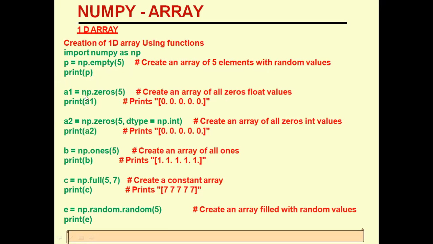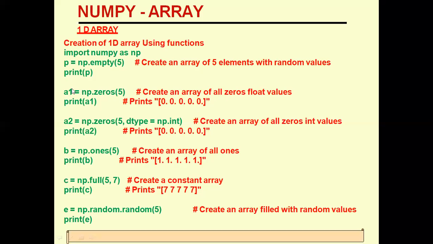Now here, A1 equal np dot zeros 5. So 5 times it will display 0. First we have to import numpy, then use A1 equal np dot zeros 5. So 5 zeros will be printed here, separated with a dot.